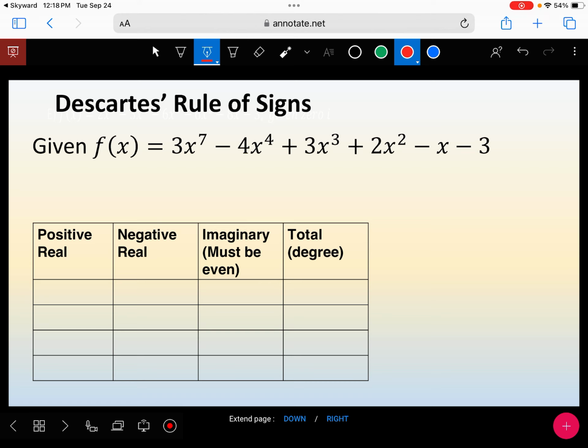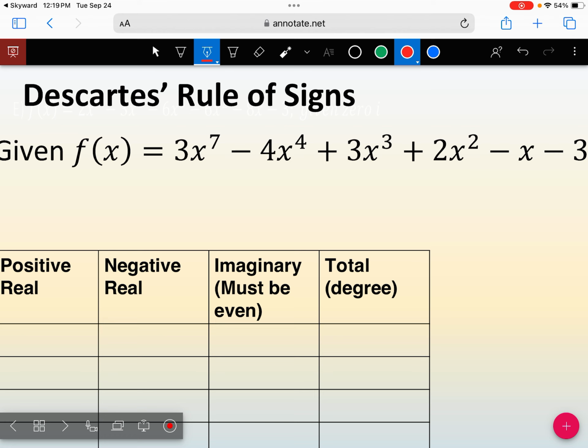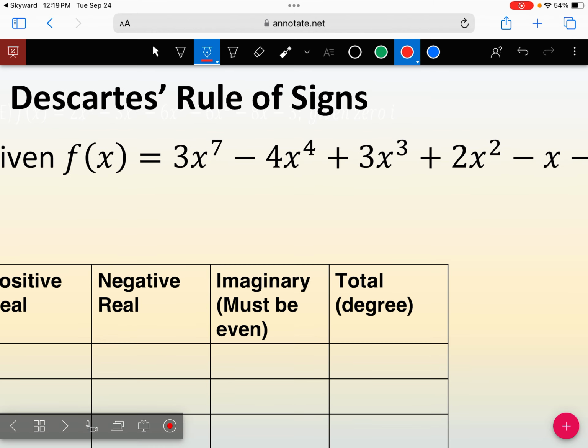Okay, so we need to figure out how many times this function could possibly cross the x-axis, which would be positive real zeros, negative real zeros, or imaginary. In order to do that, we're going to count the sign changes. Let's start off. This is positive.